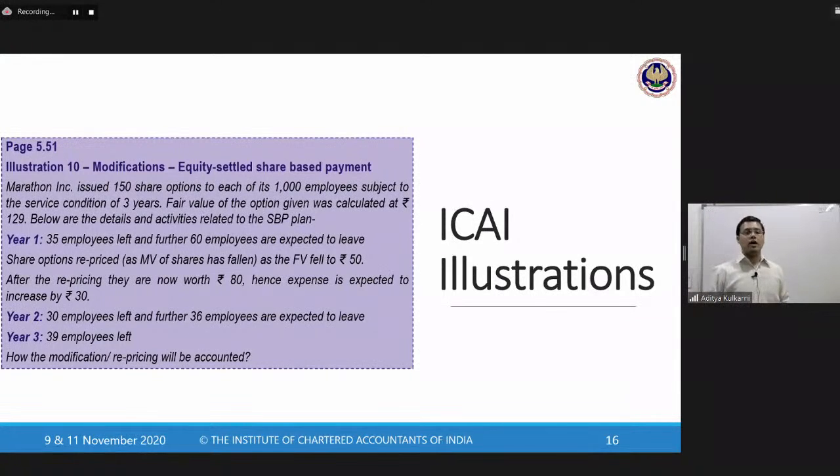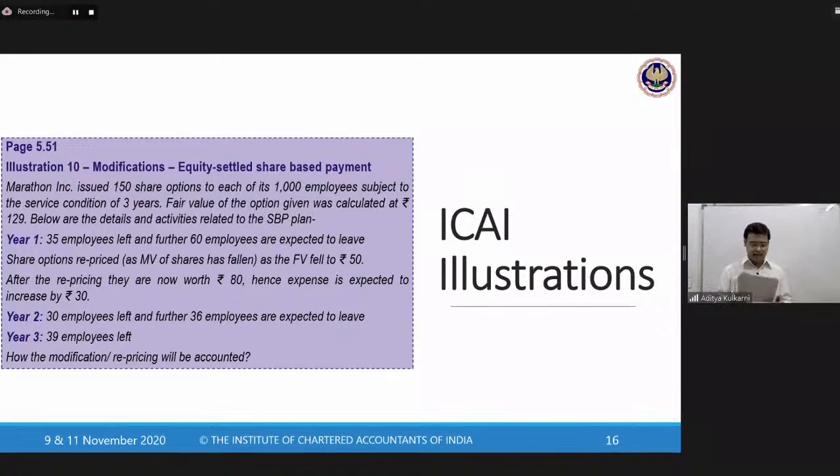Modifications to an equity settled share based payment. What I will do is, for this question, I will do a better question that will cover these concepts as well, because this is there in your study module. I am doing all the problems the institute has given.